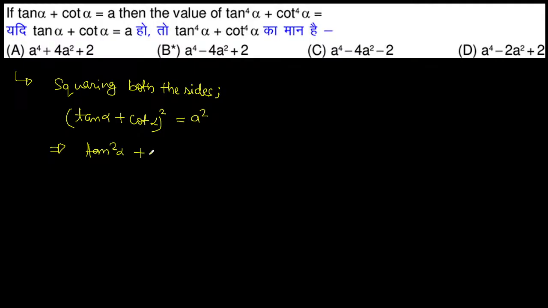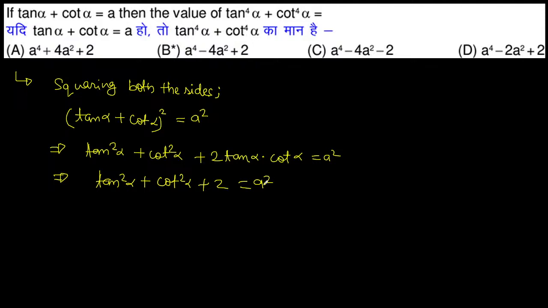Tan square alpha plus cot square alpha plus 2 tan alpha cot alpha is equal to a square. This is tan square alpha plus cot square alpha plus 2 equal to a square. We have tan square alpha plus cot square alpha equal to a square minus 2. Squaring both the sides again.